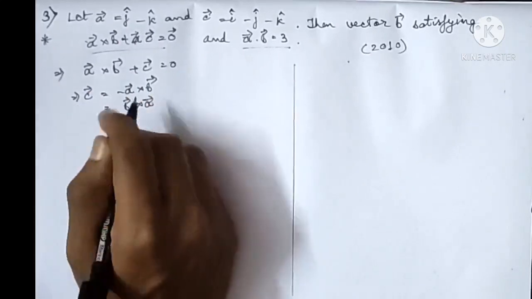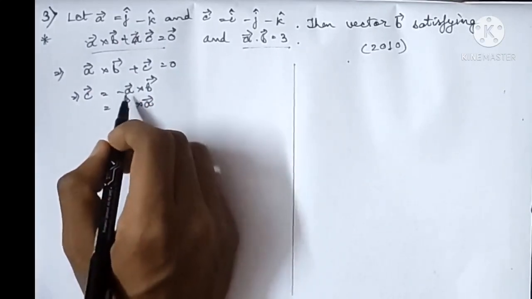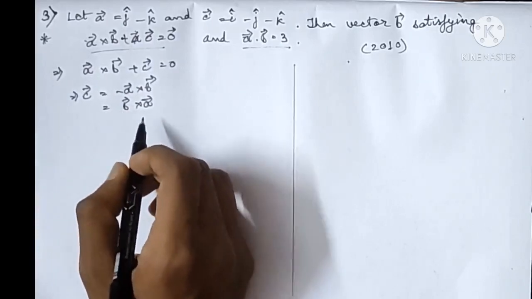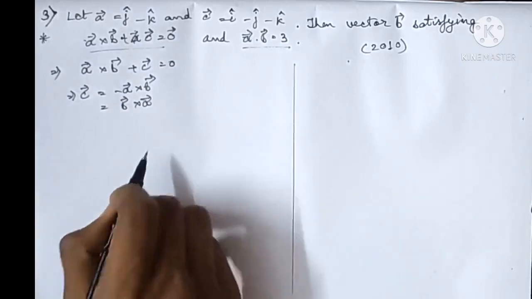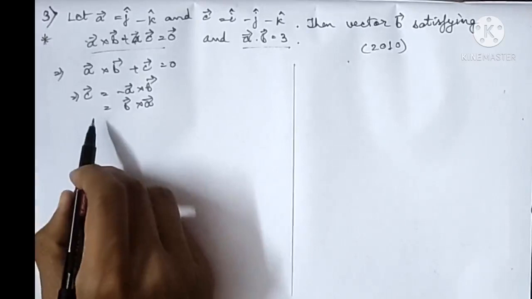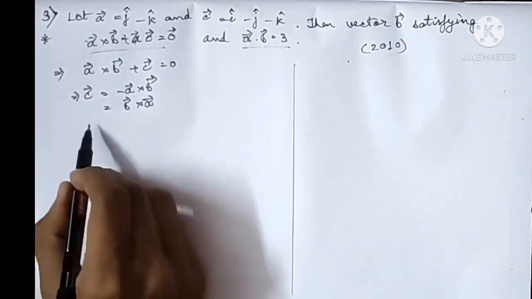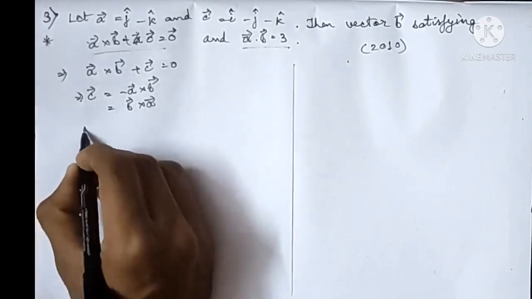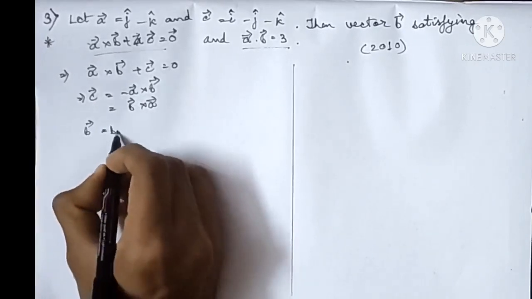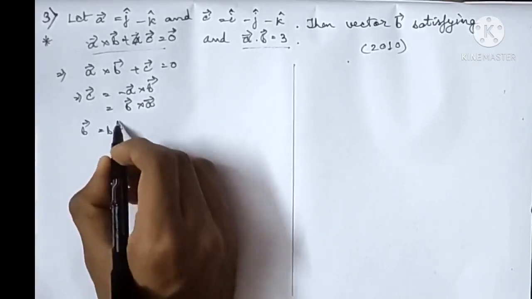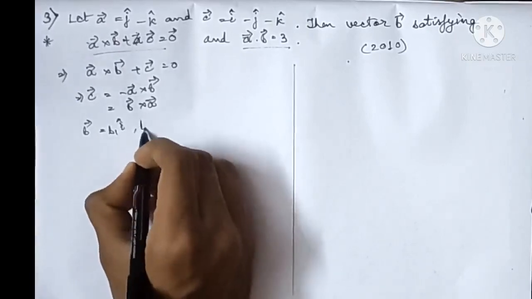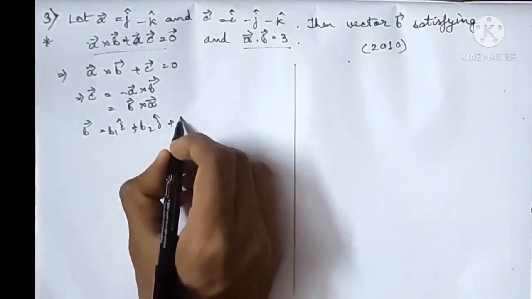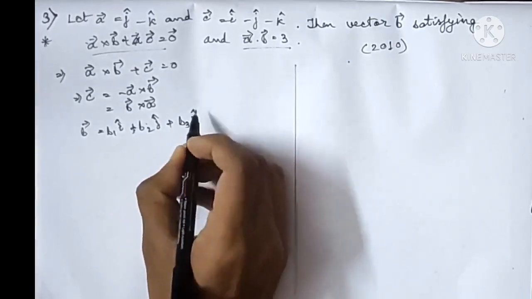Just reversing it, we are changing the direction, so the plus minus sign also changes. Okay, so now see, yeah, we are getting this. Now we will take B vector as B1 i cap plus B2 j cap plus B3 k cap.